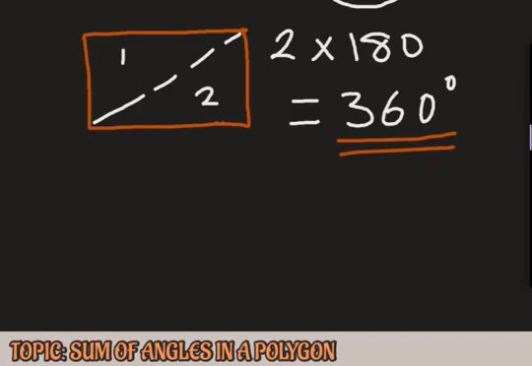For example, the pentagon. A pentagon is a polygon with 5 sides. Doing the same thing, let's connect one point of this pentagon, one vertex. One meeting point where two lines meet is called a vertex.